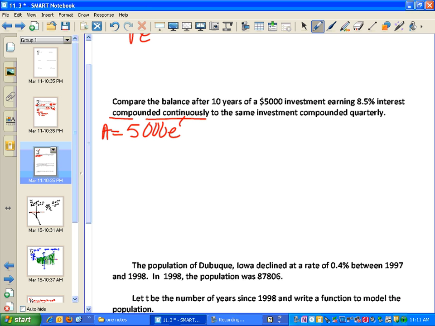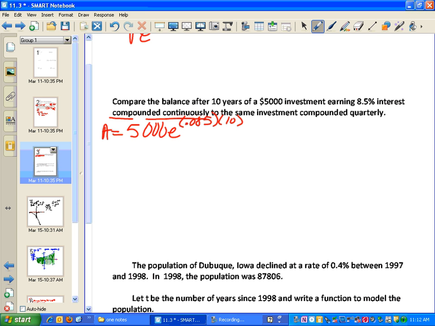Our rate is .085, and then my time is 10. Do you remember where to find E on your calculator? It's your second LN key. So plug it in.